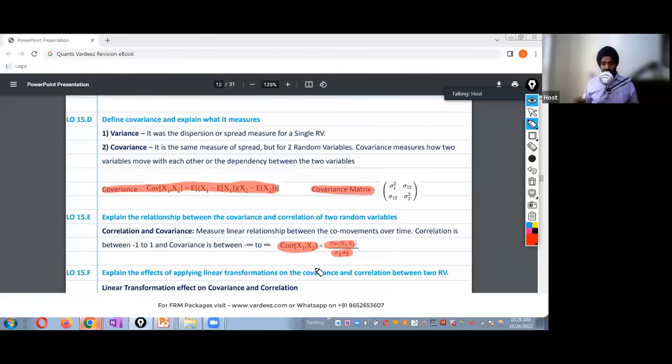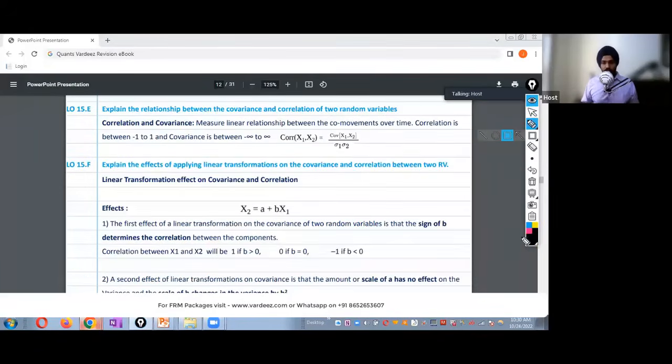You should know that. Okay, moving on to the effect of applying linear transformation on the covariance and correlation between two random variables. Now, linear transformation is something that we already saw in the second chapter.